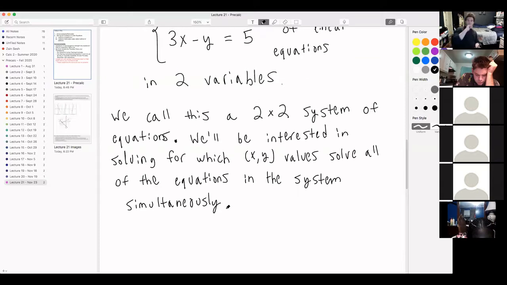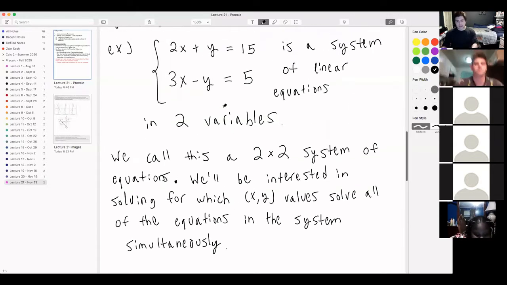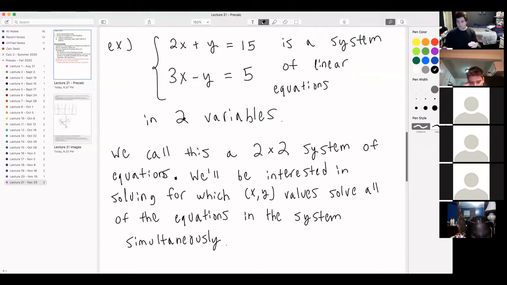Basically, we want to find XY coordinate pairs that will satisfy all of the equations in the system. We don't want them to just satisfy one, we want them to satisfy all of them.